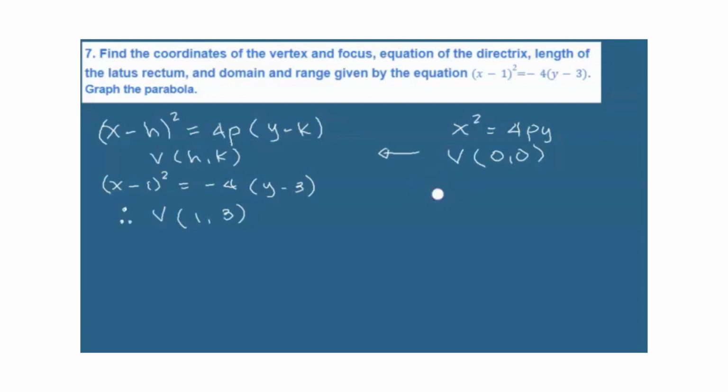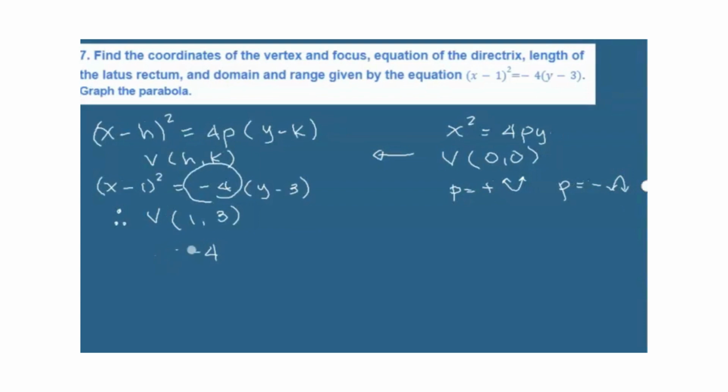From this equation, x squared, we'll know that the parabola is vertical, that may open upward or downward. And if the vertex is at the origin, if p is positive, then the parabola opens upward. If p is negative, the parabola opens downward. In our given problem, 4p is given, so we can solve for the p.